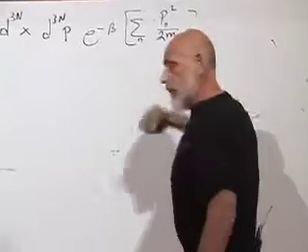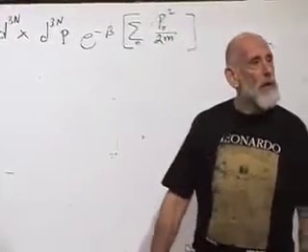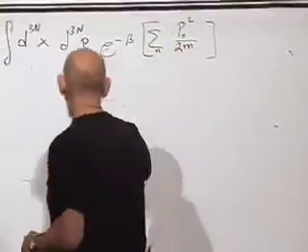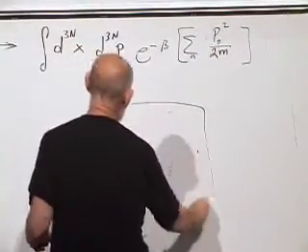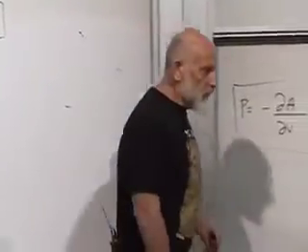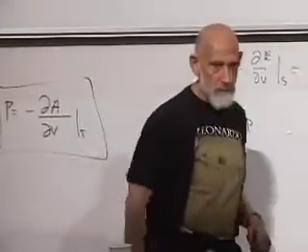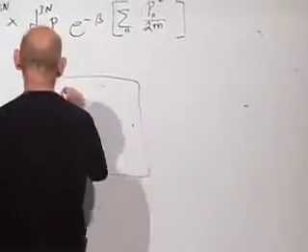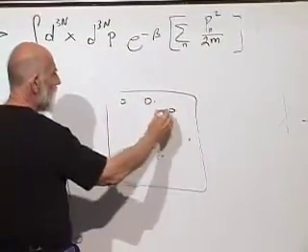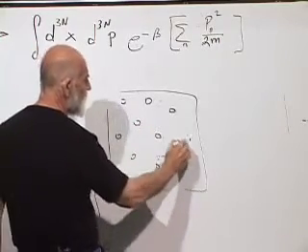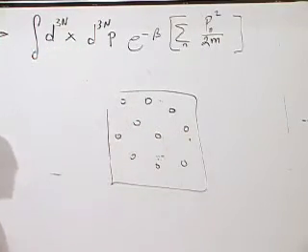Now that's almost it. There's one other thing that needs to be taken into account. We're going to assume that all of the particles are identical. You can't tell them apart. So let's imagine we have a state. I'm going to draw the particles as little disks. They're really point particles, but you won't be able to see them if I draw them as points.